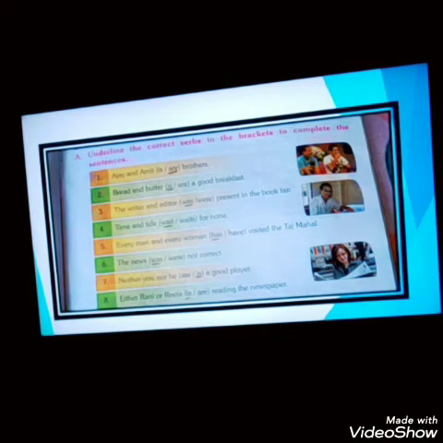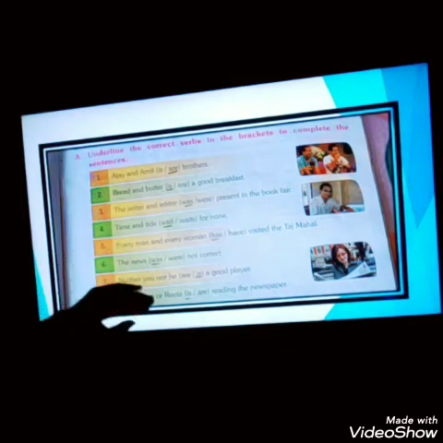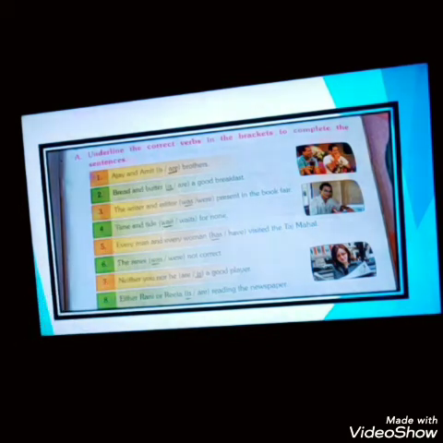Underline the correct verbs in the brackets to complete the sentences. Ajay and Amit are brothers. Is or are? We are talking about two, so are. Bread and butter is a good breakfast. We are talking about one breakfast, so is. The writer and editor was present at the book fair.